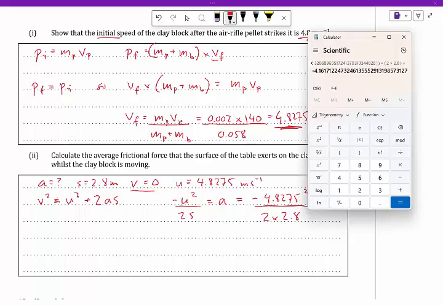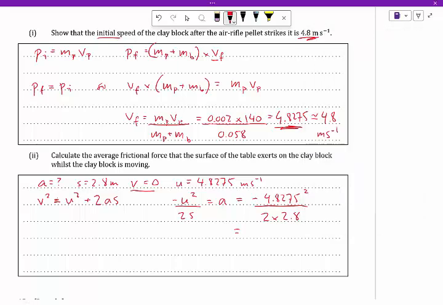And that gives us an acceleration of about negative 4.1617, and that's in meters per second squared.